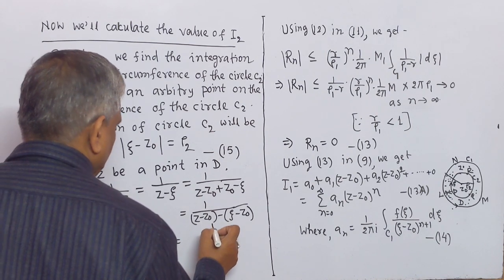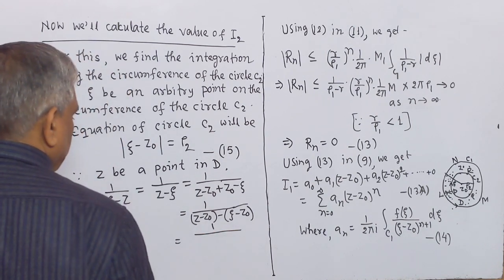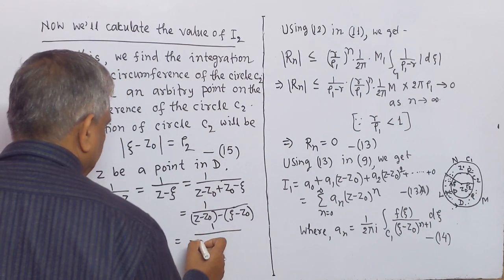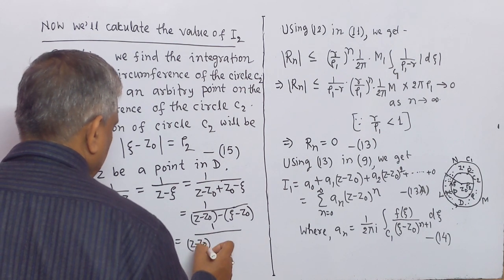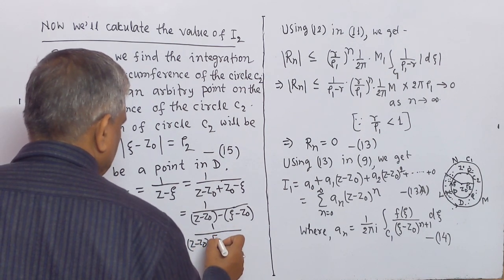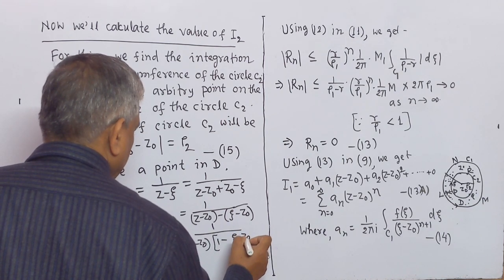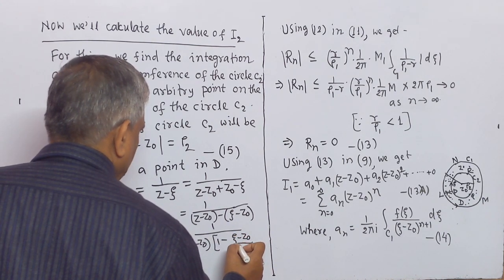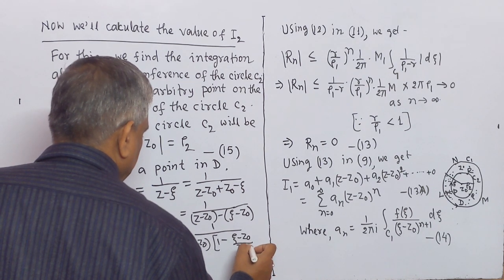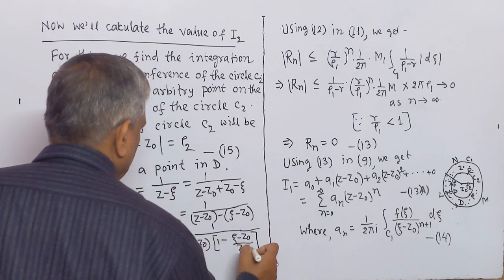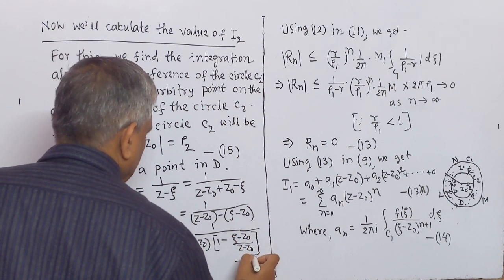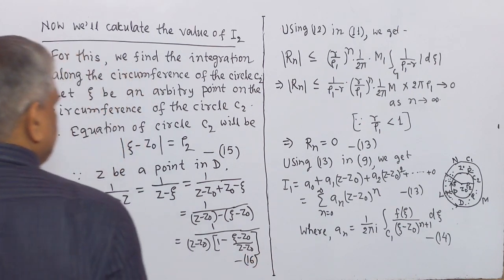Taking z minus z naught common, this equals 1 by z minus z naught times 1 minus xi minus z naught by z minus z naught. Let this be number 16.